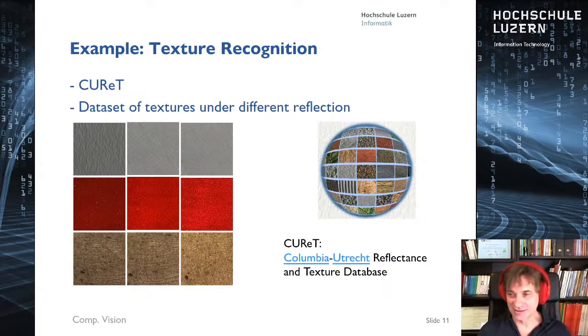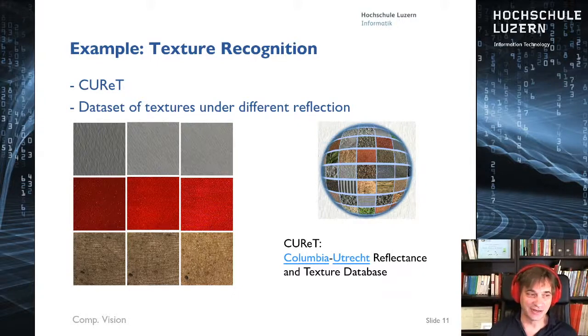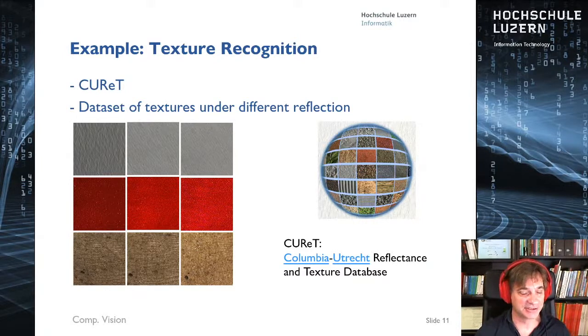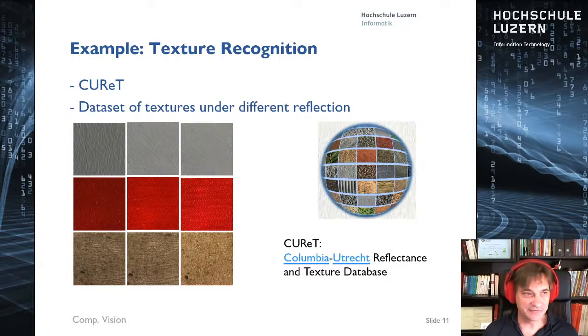Other possibilities that I already mentioned is texture recognition. This can be used then maybe in a next segmentation step. So you would like to find out what kind of textures are in the image. And the problem here is that the texture might look quite different under different illuminations.